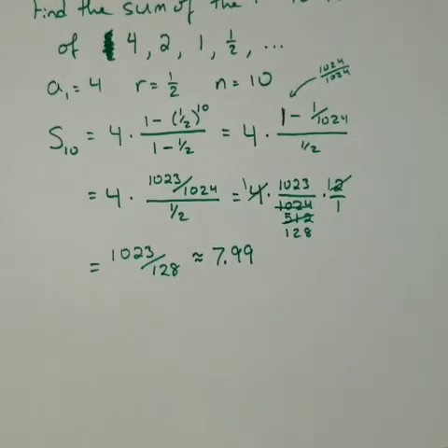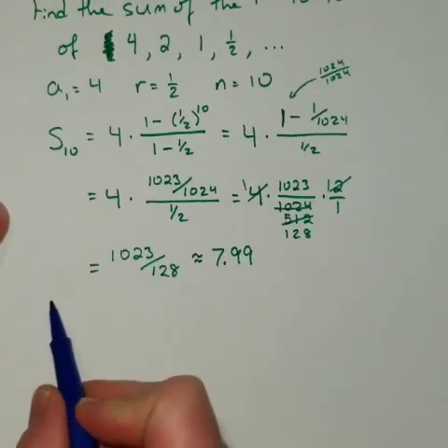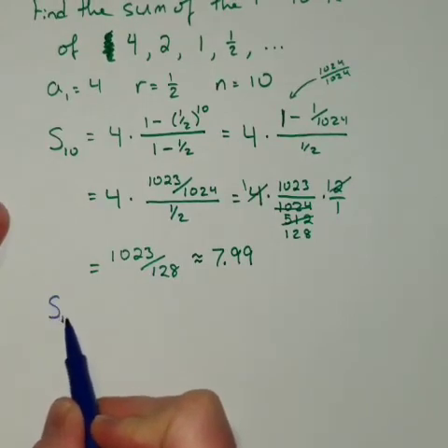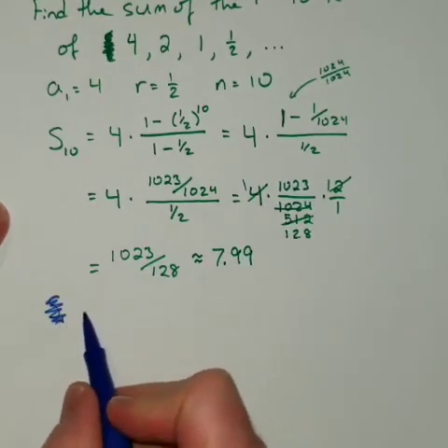Now, the formula is different. The formula for an infinite number of terms, and we couldn't do this for arithmetic sequences, it only works for geometric. The formula for an infinite number of terms, oh shoot, I was going to write s sub 10.